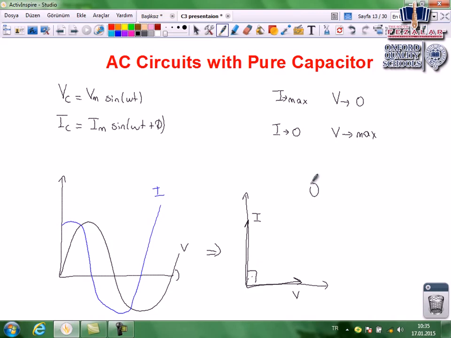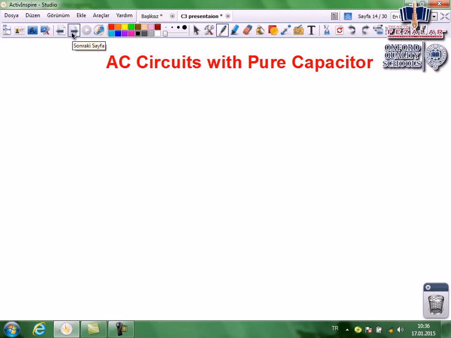The phase difference between them is 90 degrees. A pure capacitor, like a pure inductor, means a capacitor with no resistance. There is no resistance, but there is an opposition to growth of current, to flowing current. This opposition is called capacitive reactance.